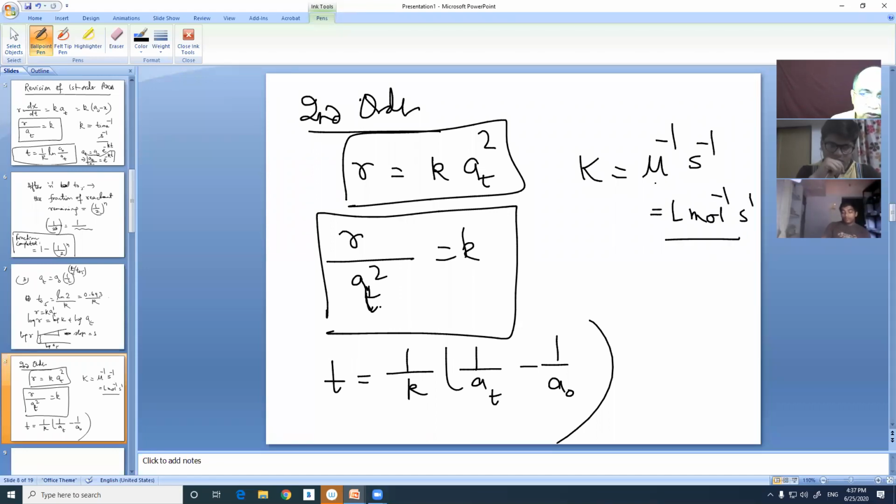So it is better to write in style molarity inverse, second inverse. And the graph you can draw. I am not now wanting to spend time on drawing graphs because you have got mastery in drawing graphs.